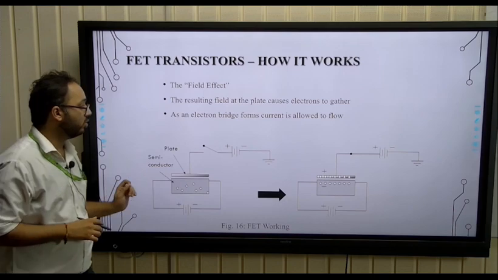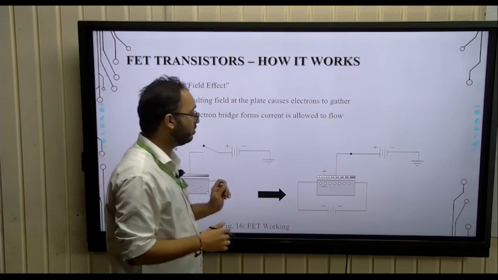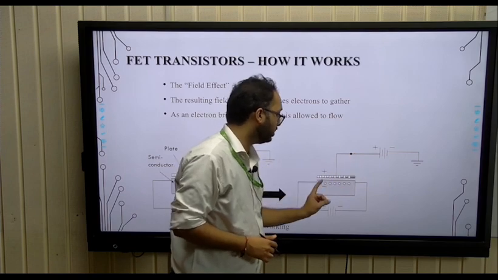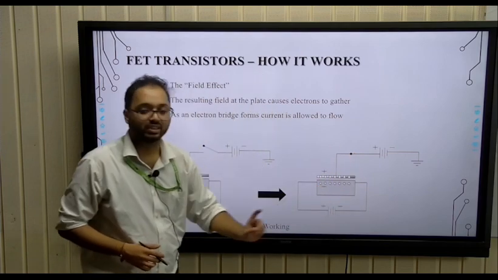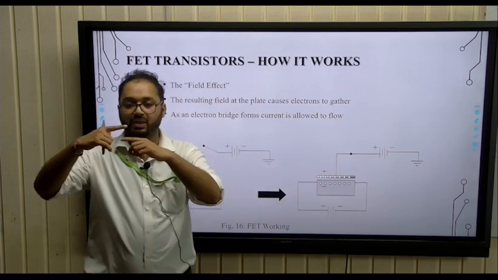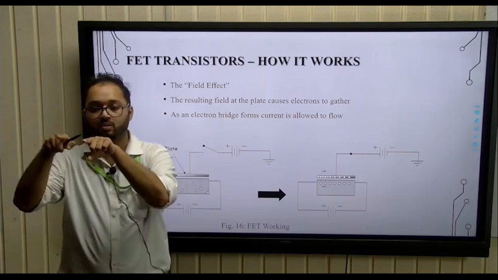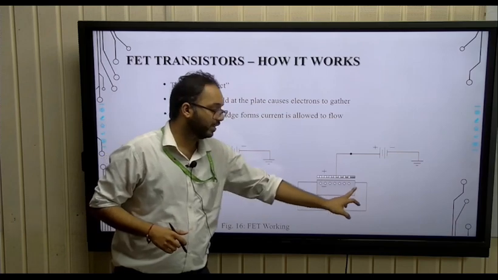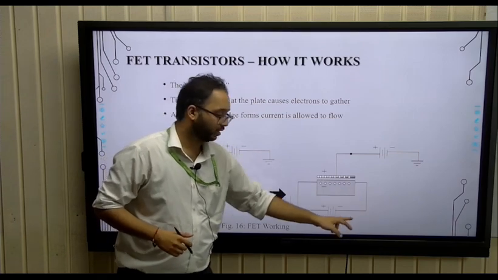Now, why are we calling it FET, that is field effect? At the moment we apply the voltage, all these carrier charges start gathering at the plate and they start getting closed. And as soon as they are closed, this starts conducting.